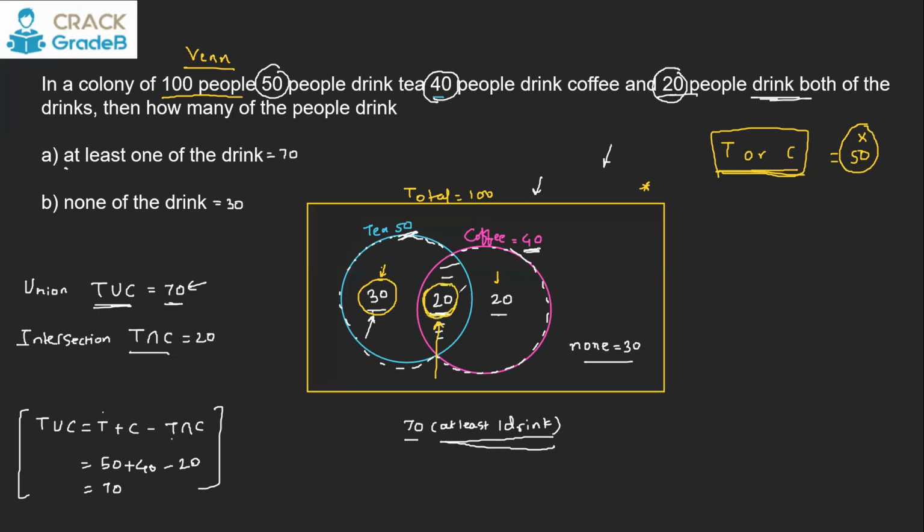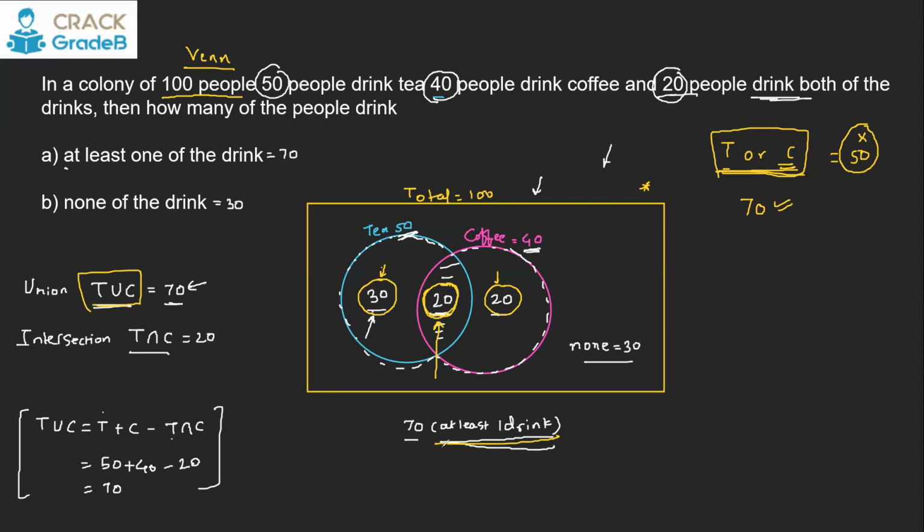These 20 people who drink both the drinks, they are also welcome. And these 20 people who drink only coffee, they are also to be included. So 30 plus 20 plus 20, that means 70 people drink tea or coffee. So now you will say, that means at least one. That means union. Say yes, everything means the same.